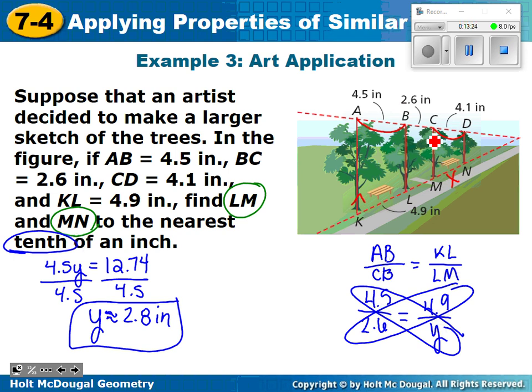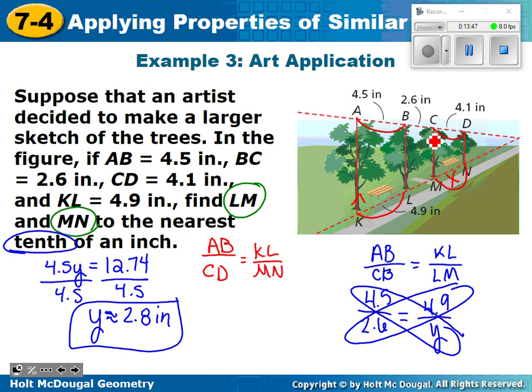That's what you meant. I got you, Tyler. And that should equal KL over MN. So pieces of those transversals on top should be proportional to the pieces of the transversal on the bottom. Let's write that down. So I'm going to have AB over CD equals KL over MN.